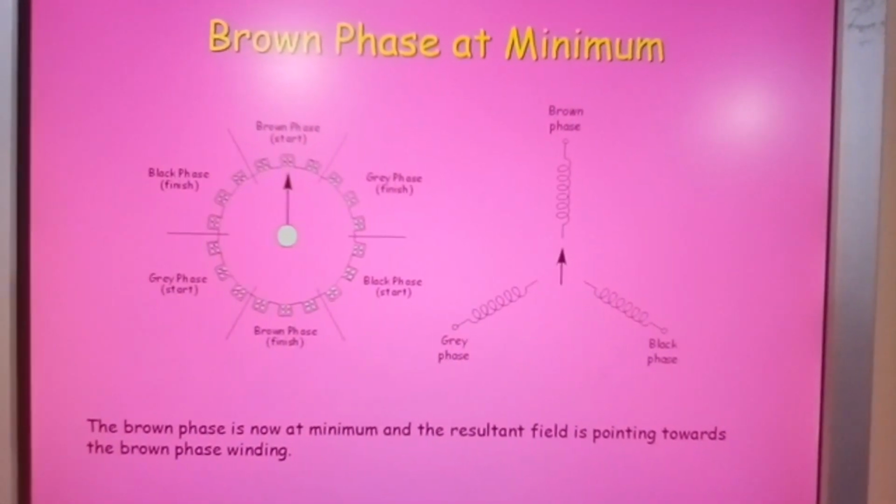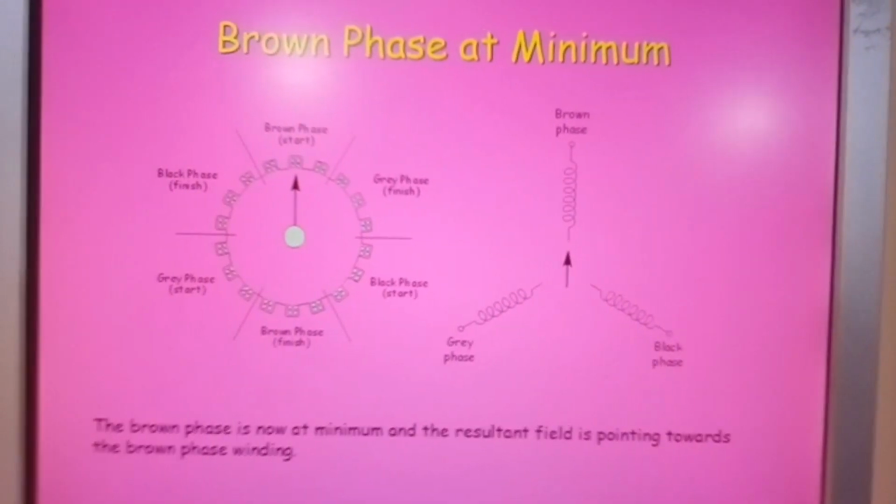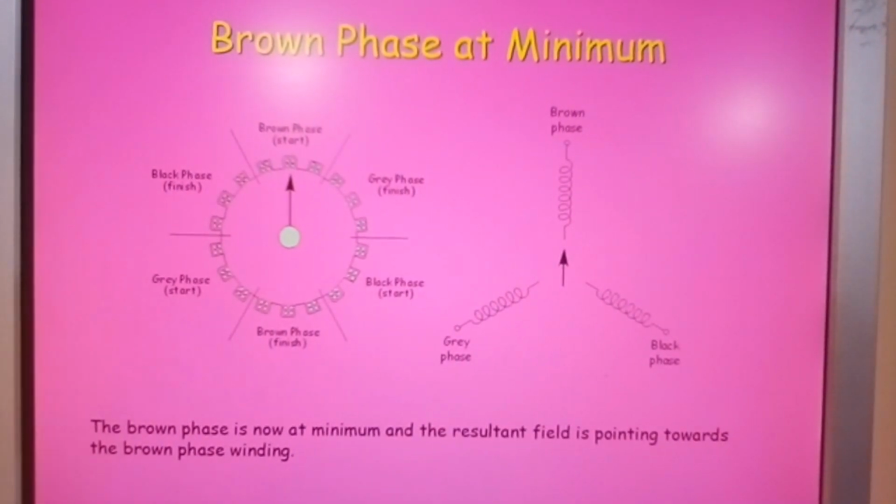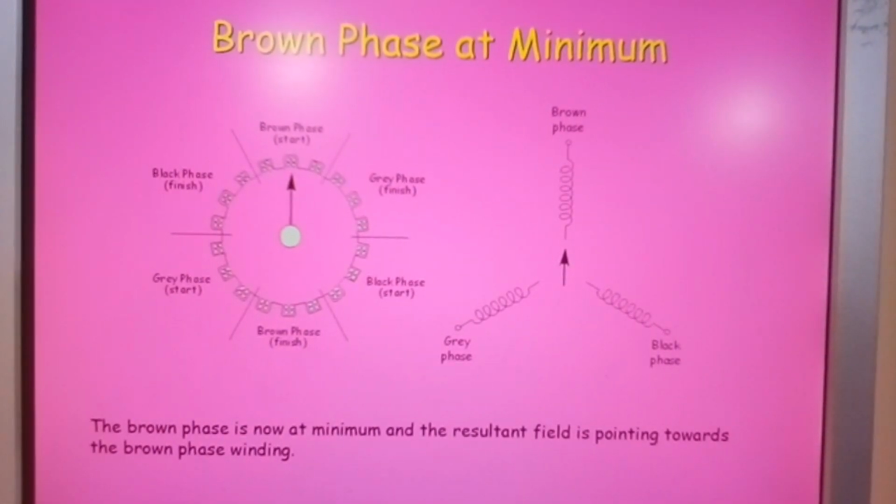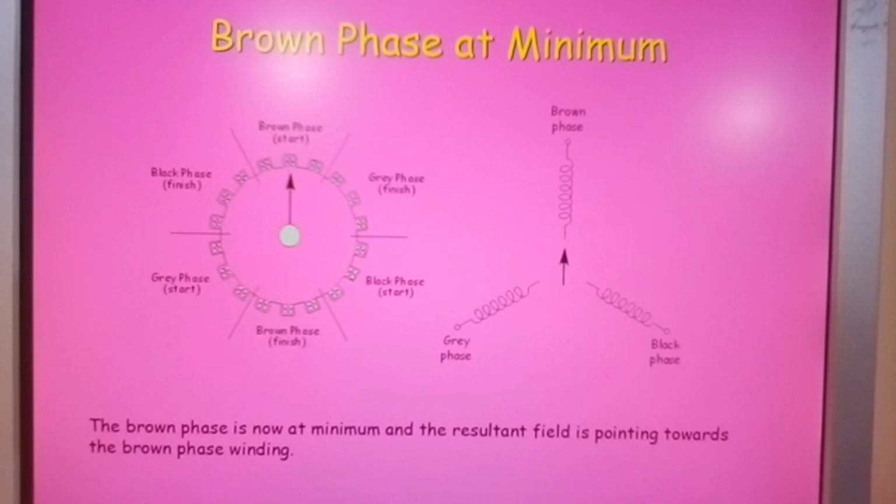Again, brown phase at minimum. All we're now showing you is the circulation of that magnetic field going around within that given motor at that point in time.